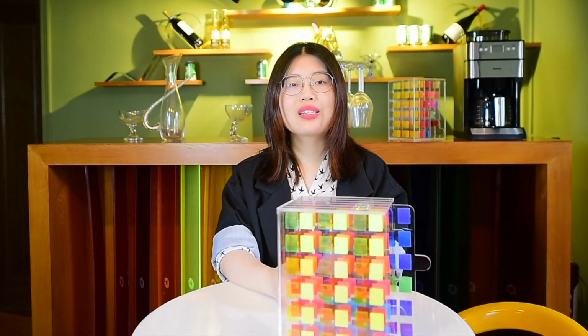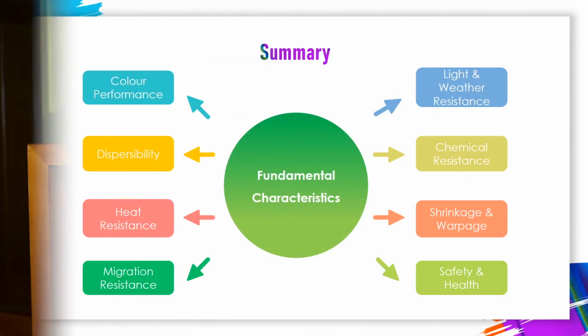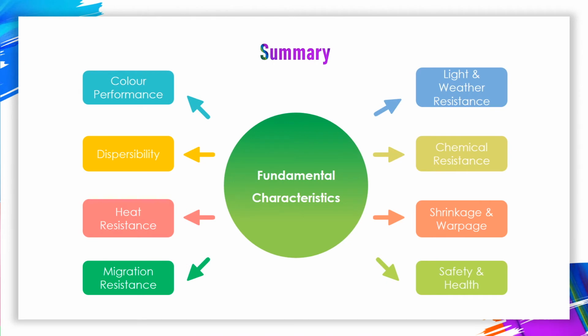In summary, plastic coloring is a systematic engineering. In this system, colorants not only give plastics various colors, but also need to be able to withstand various technological conditions in plastic processing and molding.